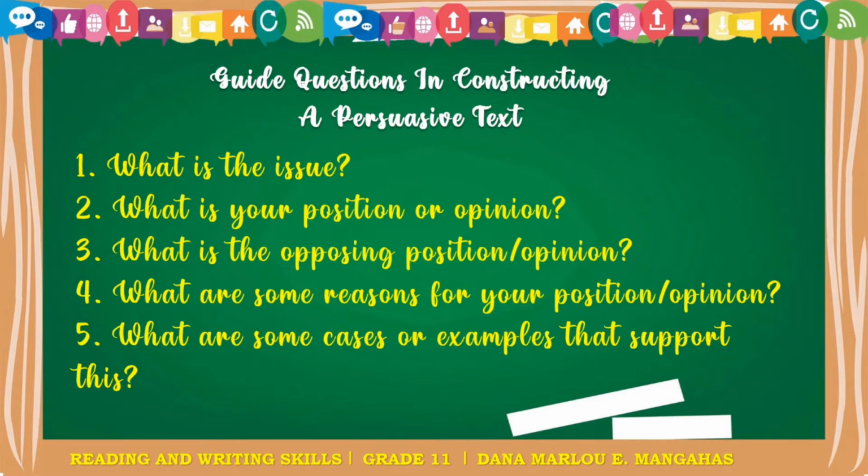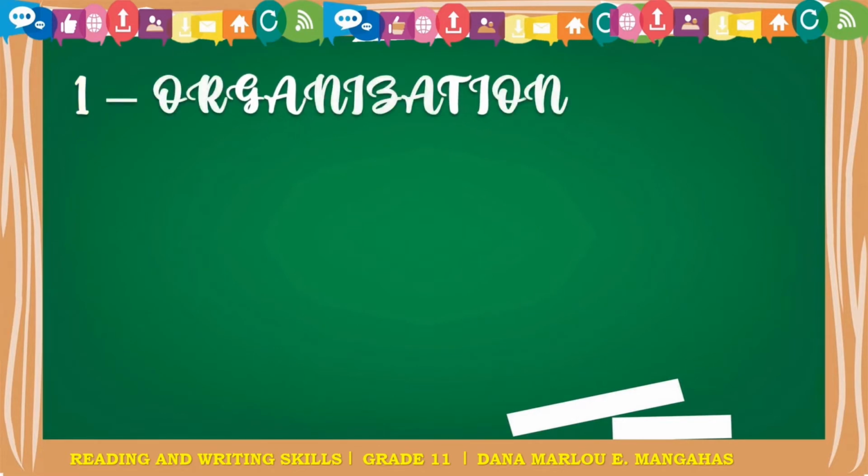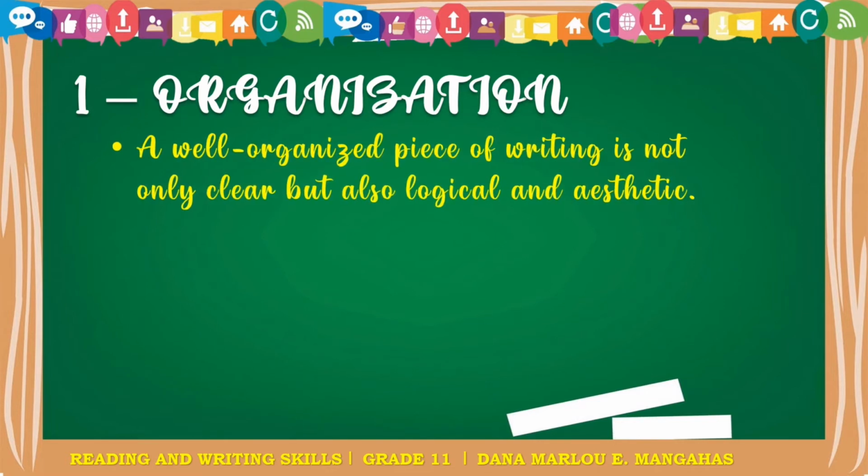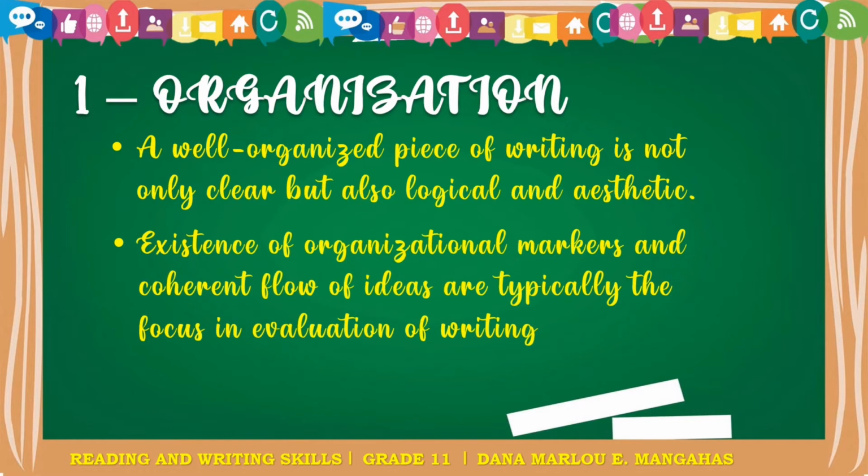This is the power of the first property of a well-written text, which is organization. A well-organized piece of writing is not only clear, but also logical and aesthetic. Existence of organizational markers and coherent flow of ideas are typically the focus in evaluation of writing, according to Daig Bill 2016.